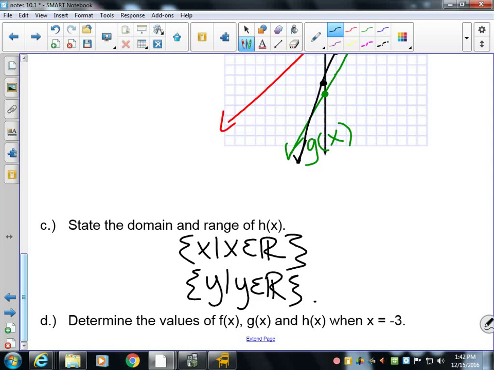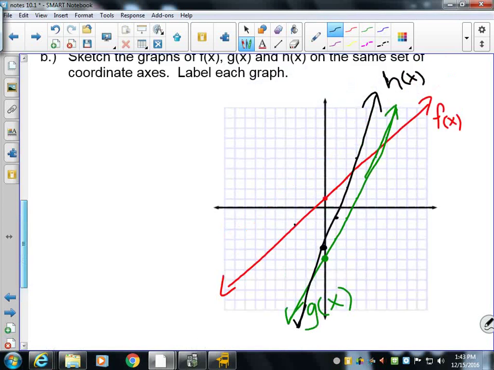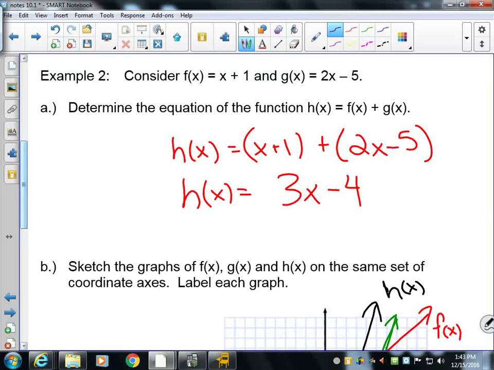Determine the values of f of x, g of x, and h of x when x equals negative 3. What would you do there? Well, we could come to the graph and look at negative 3 and read off the graph, especially if you used a ruler. Not mine. But what else could we do? You could put negative 3 into each of these.